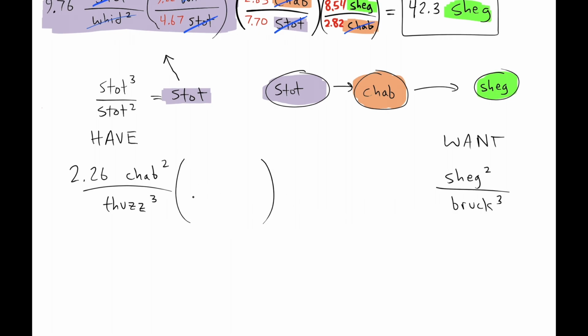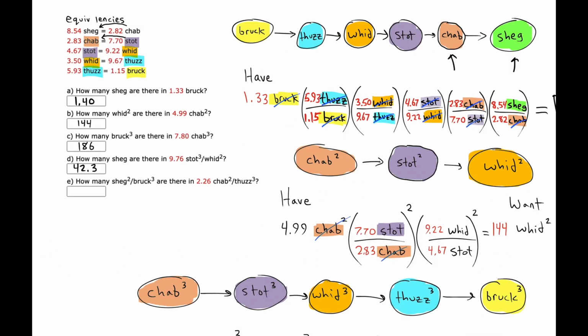That's going to require a conversion factor all on its own, where I put the thuz above, and hopefully if the conversion exists on the list, we'll go straight from thuz to bruck here. Luckily, that conversion is here, so that makes it easier. Let's put 1.15 with 5.93.